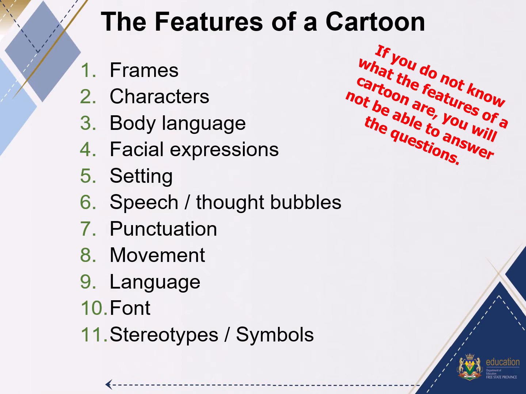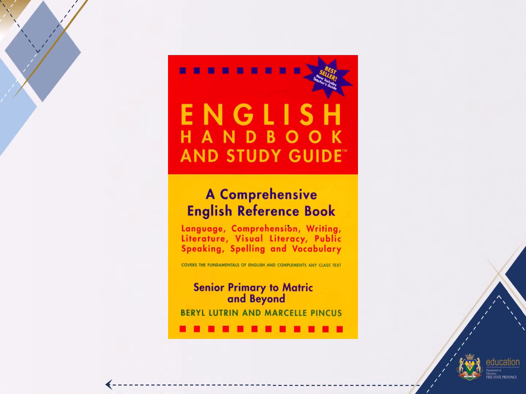We have punctuation that can influence the humor, and we're going to look at one example. Movement or action, language, font. There could be stereotypes or symbols in it. Now we've already looked at things like that in grade 8, so by grade 9 you are aware of what features you find in a cartoon.